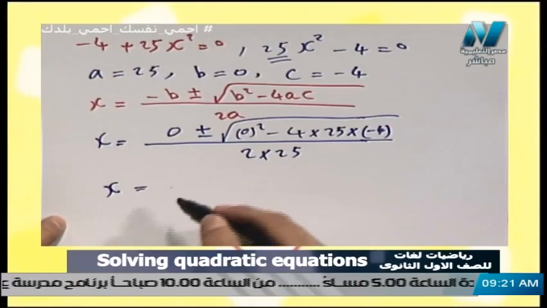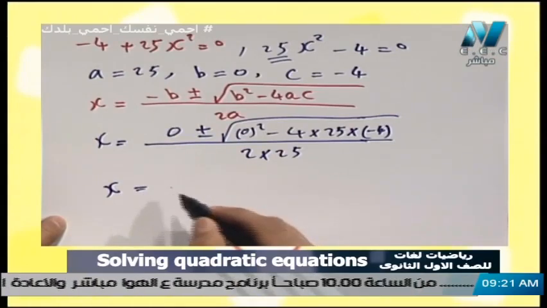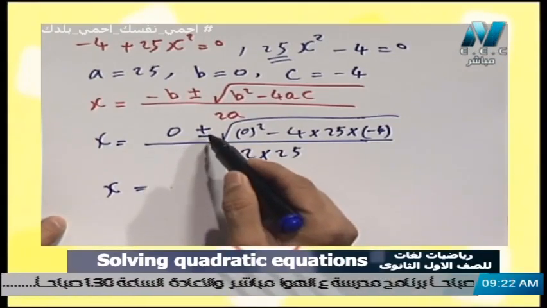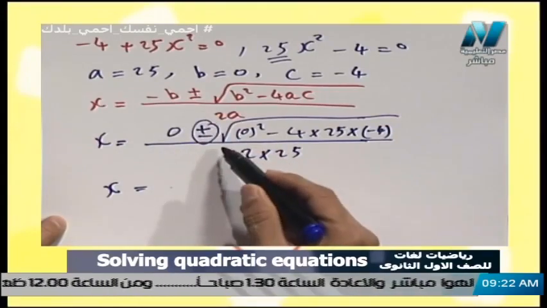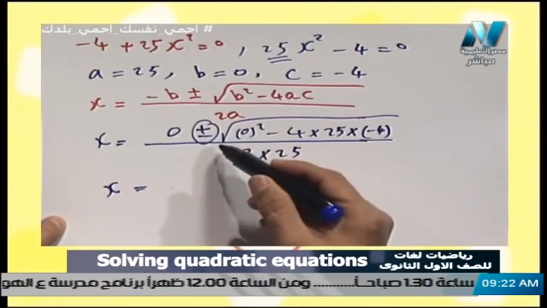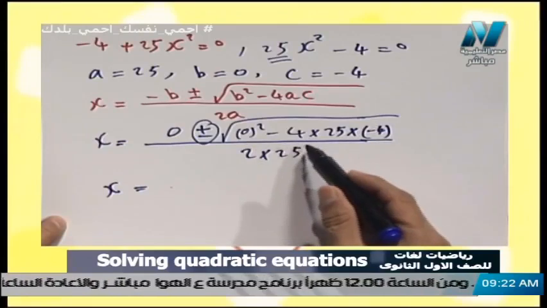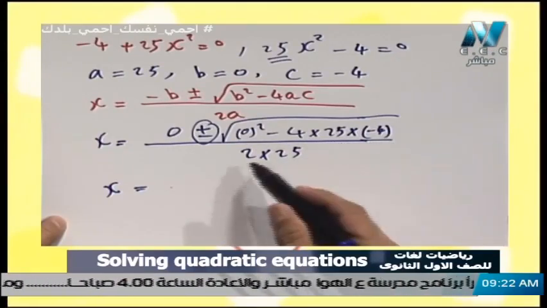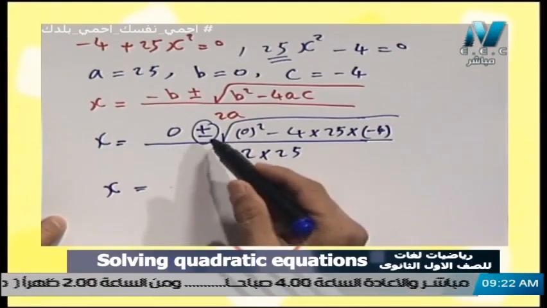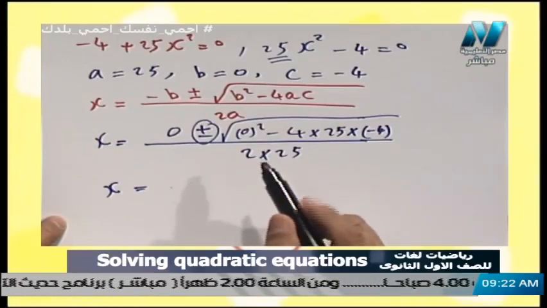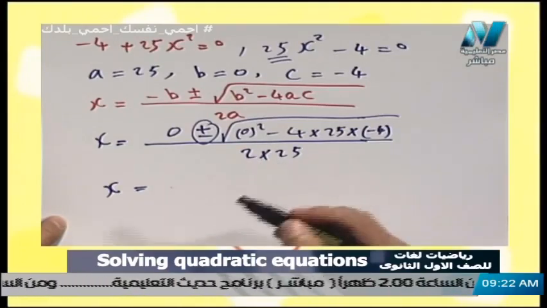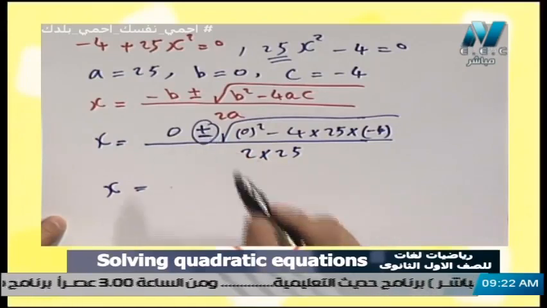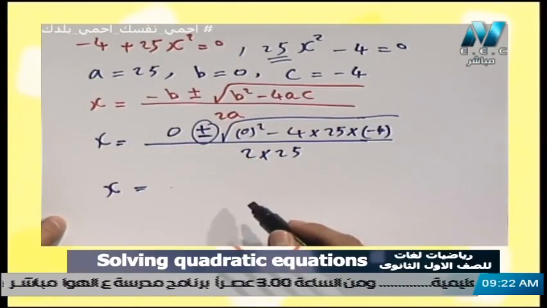By using your calculator, first you consider the square root of 0 power 2 minus 4 times 25 times negative 4, over 2 times 25, as positive. Don't write anything. Or the other method is to put negative. So we have two solutions.